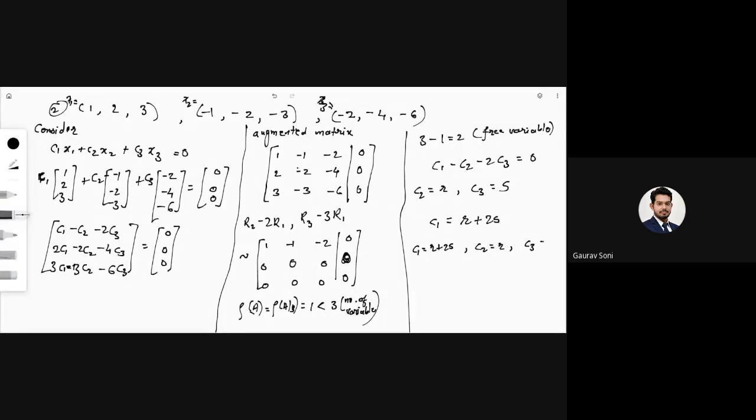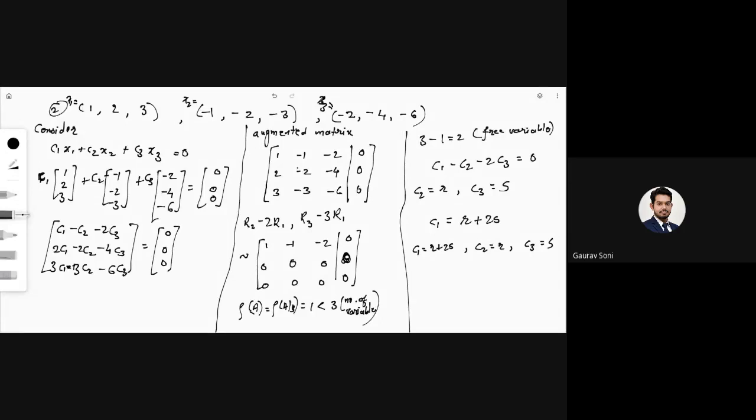Can you tell me one solution out of this infinitely many? One, minus one, one. Okay, so what you're doing is you're putting R and S as something.